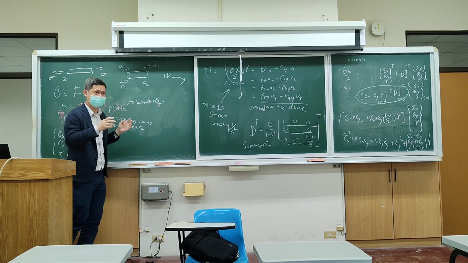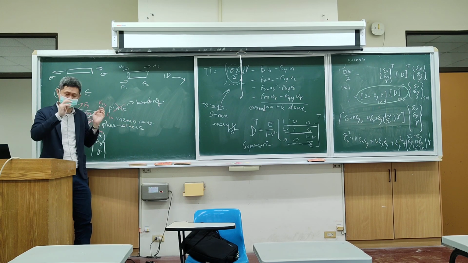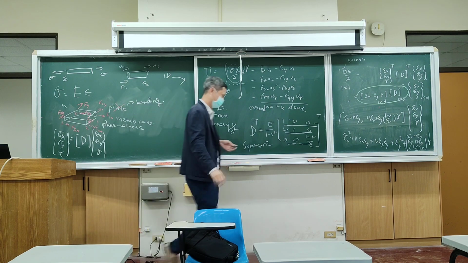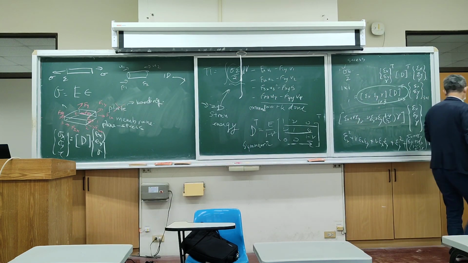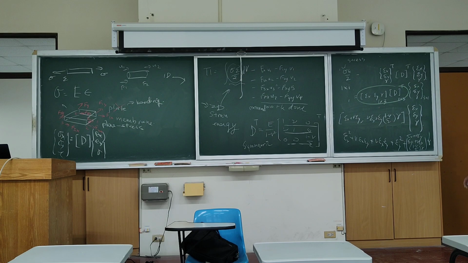So this is just to give you a flavor of how tedious it is. It's not complicated. It's just simply tedious. Okay, so now we come back to our matrix method.